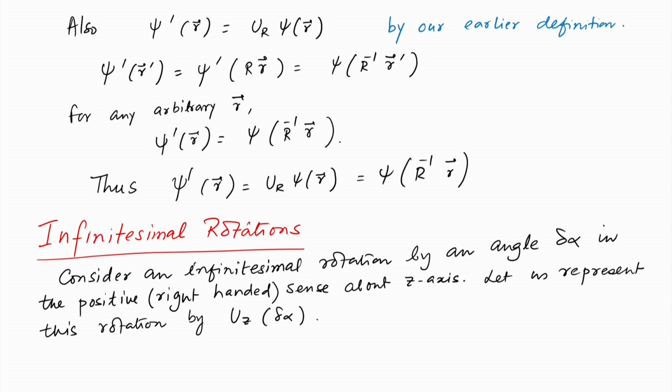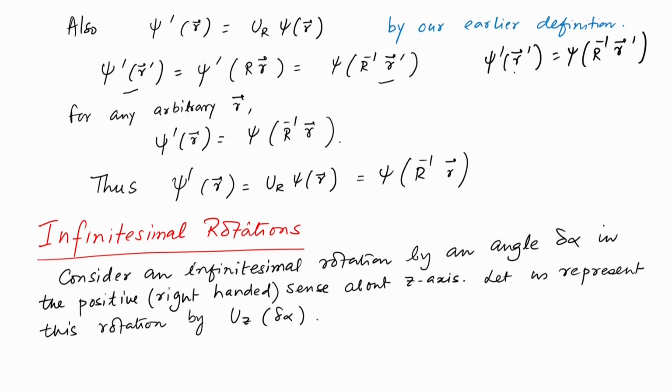Now let us look at psi prime of r prime, which is equal to psi prime of R r, which is the rotation operator acting on r, and of course, an inverse rotation operator acting on the new variables r prime, that is the same thing. So, if you just take the first part and the last part, we will have psi prime of r prime equal to psi of R inverse r prime.